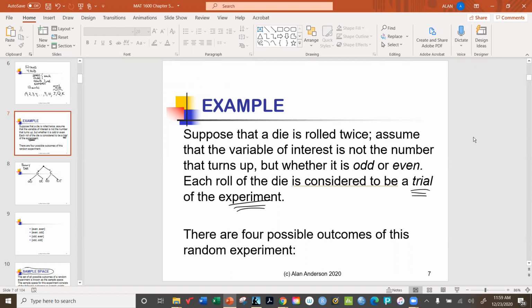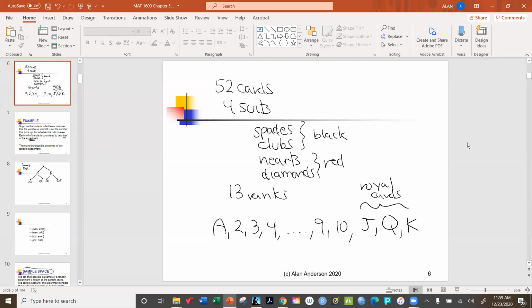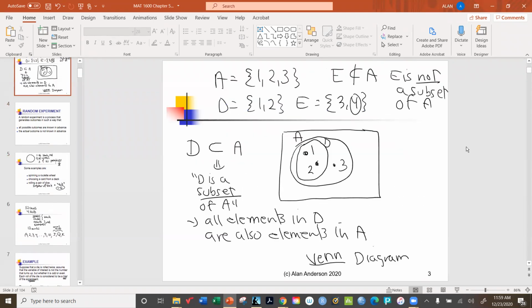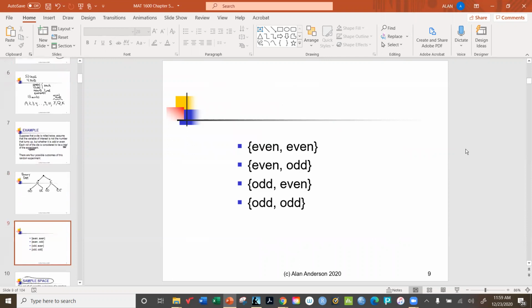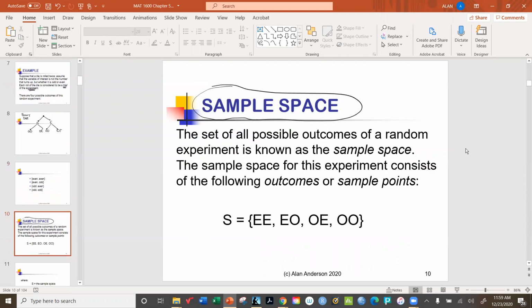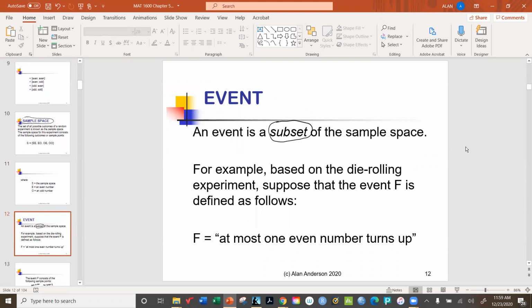It's about the subset, the event subset. Oh, yes. Events are defined as subsets of the sample space. There it is. So if you go down 2 more slides. Okay, there it is.